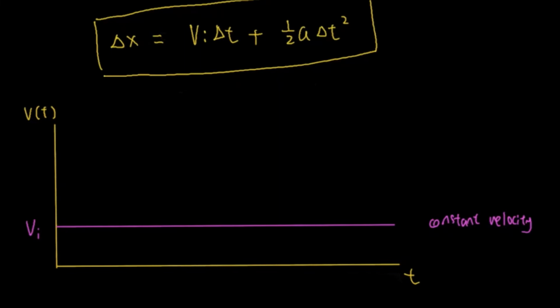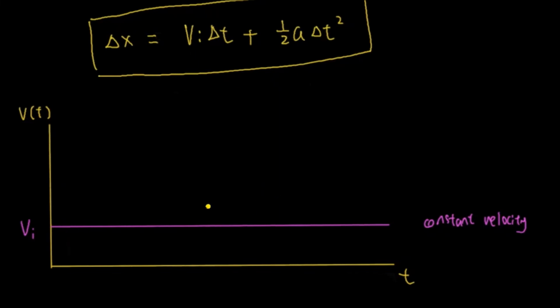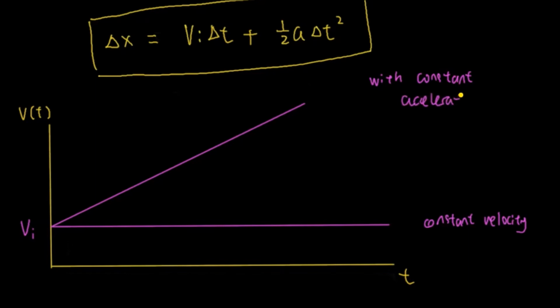But how about with acceleration? The curve will look like this. So this one is with constant acceleration. And at some point here, we have the final velocity.